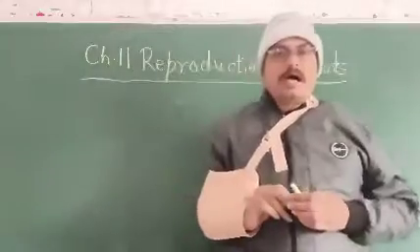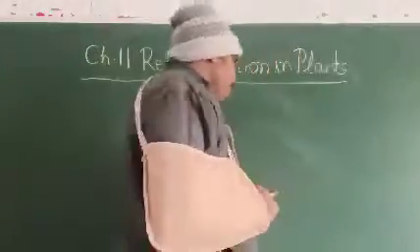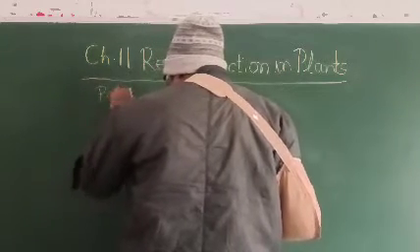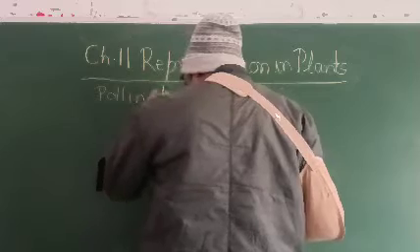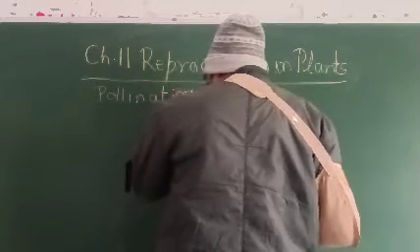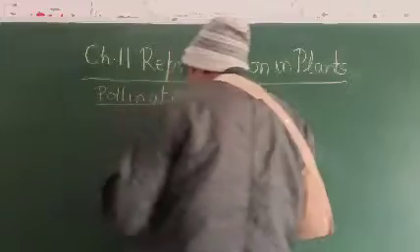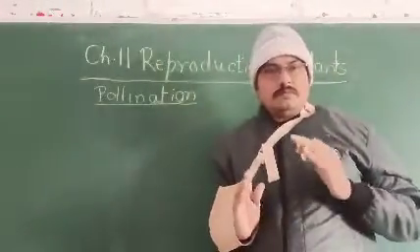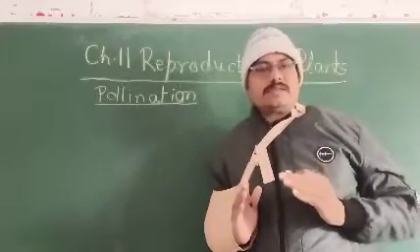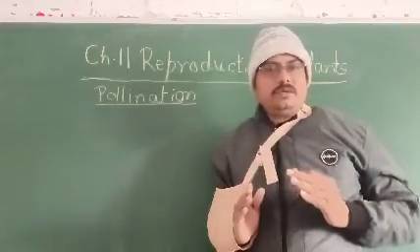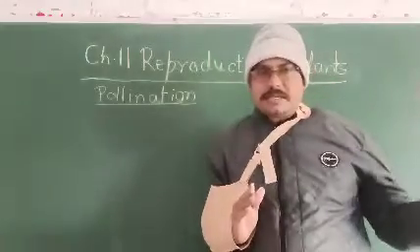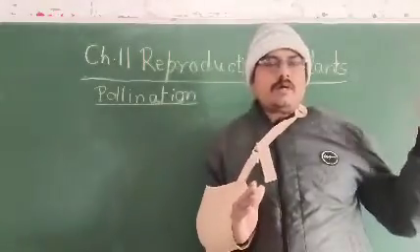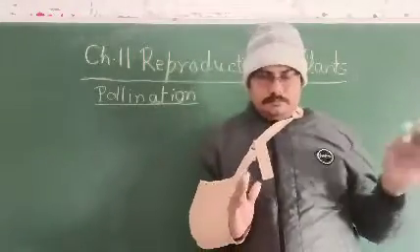Students, I have already explained that pollination means the transfer of pollen grain from the male part of the flower, that is the anther, to the stigma, the female part of either the same flower or another flower.